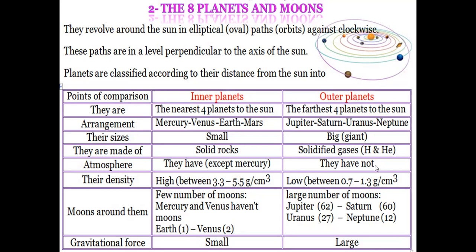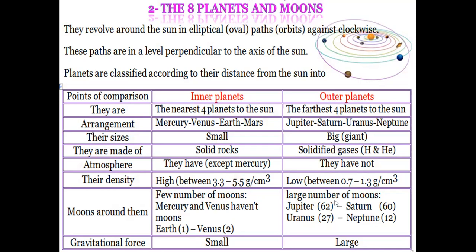Moons around them: there are few moons revolving around the inner planets. Mercury and Venus don't have any moons revolving around them. Earth, we can see just one moon in the sky every night. But Mars is surrounded by two moons.